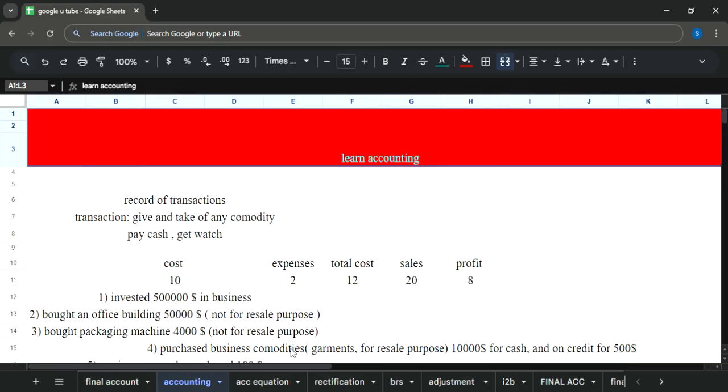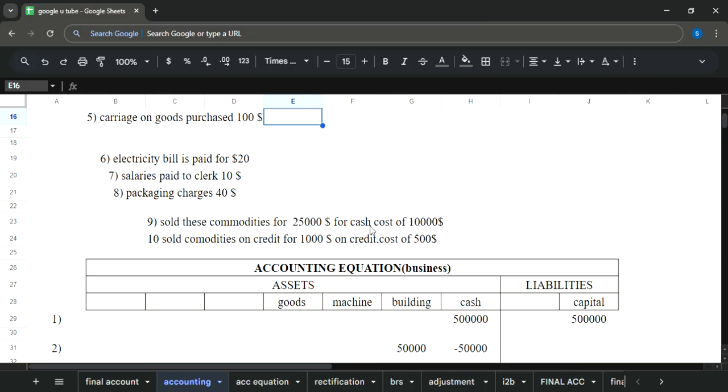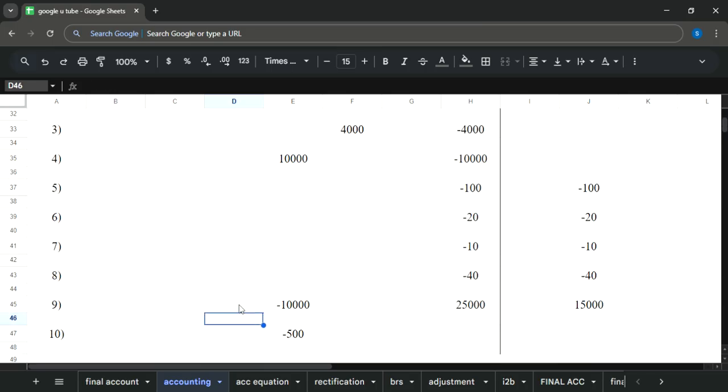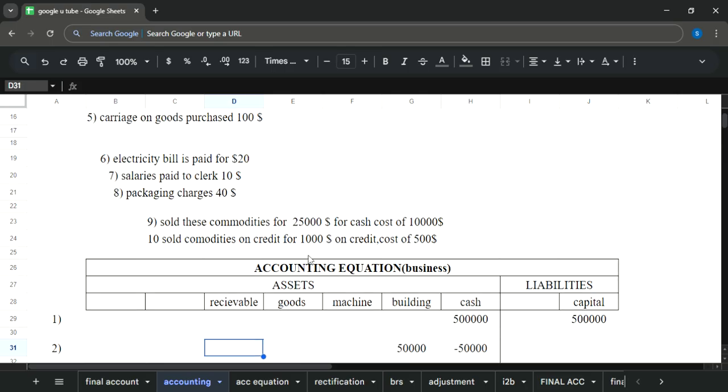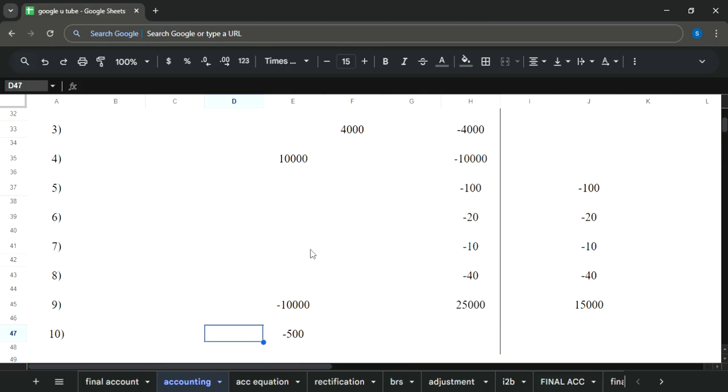In this entry you have seen that cash is not coming in, amount is receivable in the future, so that again is favorable. So you will be creating a receivable account, and here you will put how much amount you will receive in future, $1000. Put $1000 over here.